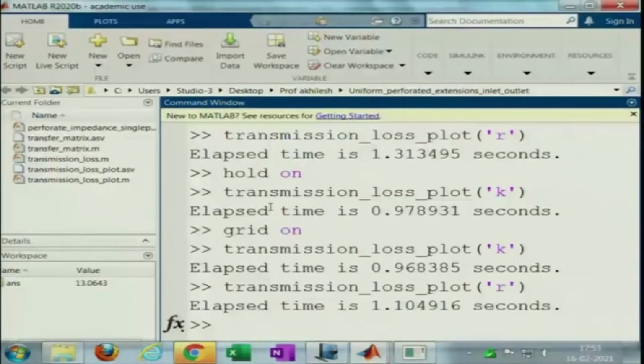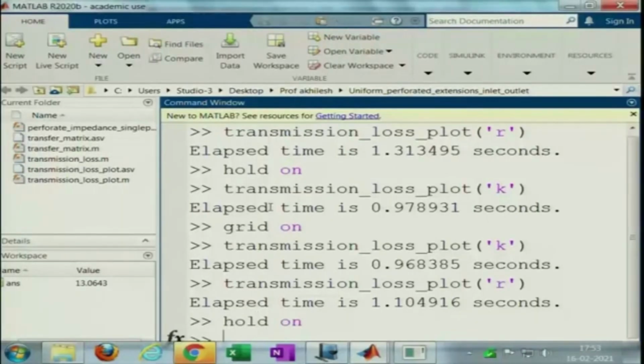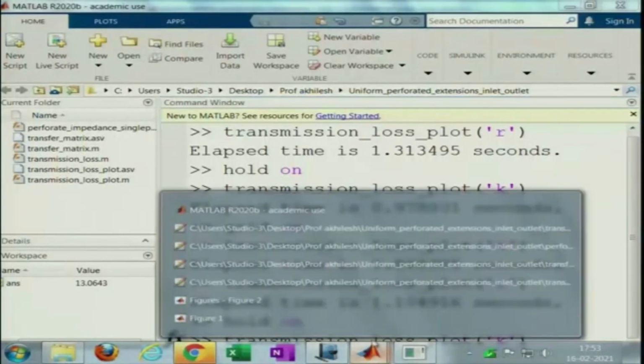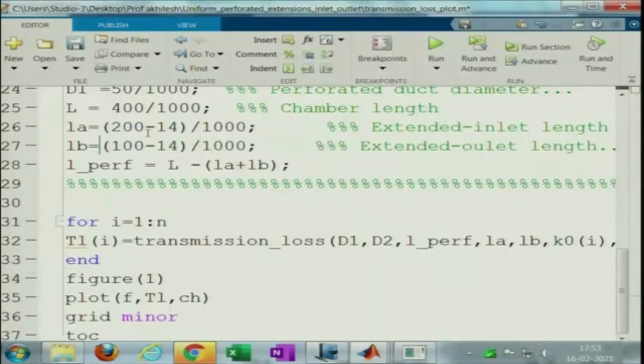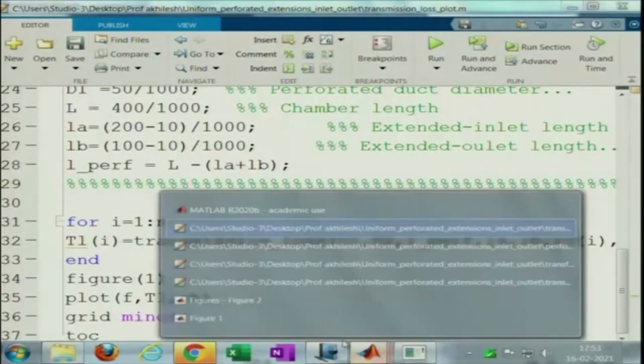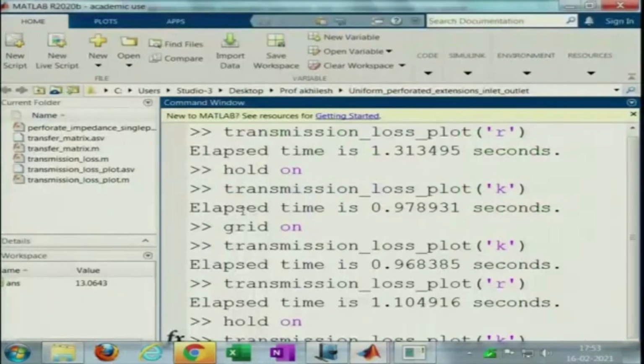I will put hold on, and I will put this as 10 and 10 and see what happens. These are all hit and trial really.